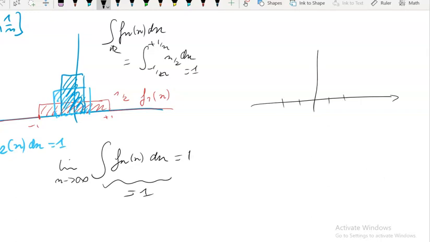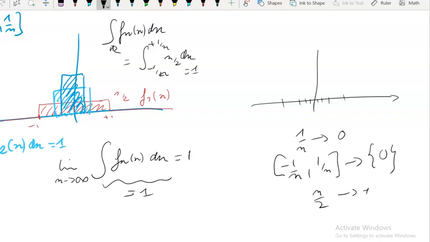We are decreasing it by 1 over n, 1 over 3, 1 over 4, etc. And so the support of the function is going to tend to 0 on both sides. So my interval negative 1 over n to plus 1 over n is going to tend to a single value 0. And meanwhile, the value of the function, n over 2, is going to tend to plus infinity.